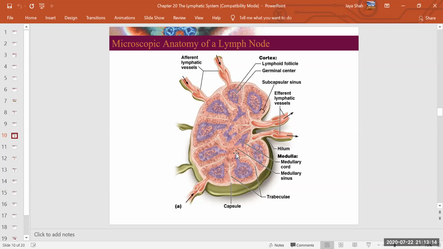And these white blood cells and macrophages phagocytose the foreign particles or foreign antigens or deal with them. Okay, and then the tissue fluid, the lymph, exits from these efferent vessels which join the lymphatic duct.